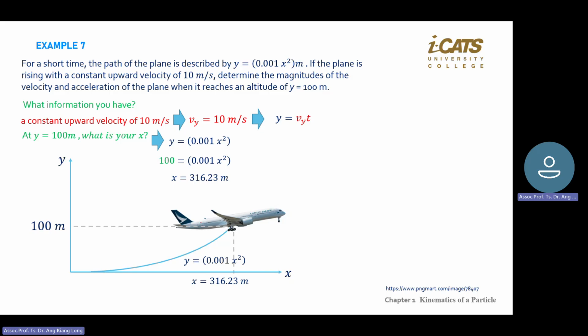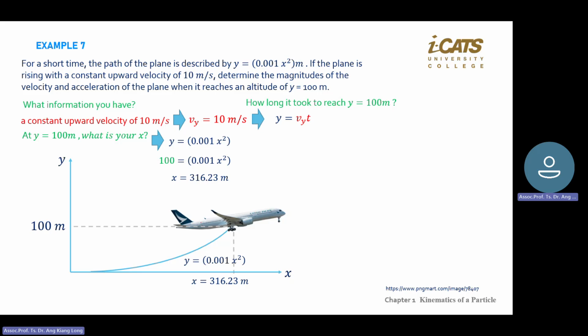So you know that y equals vy t, right? The position of your y is the velocity multiplied by time, you get your y position. So how long does it take to reach 100 meters? You know that your y value equals vy multiplied by t.